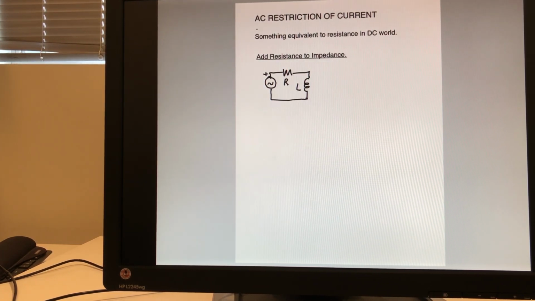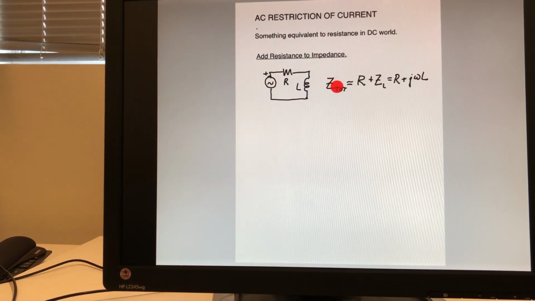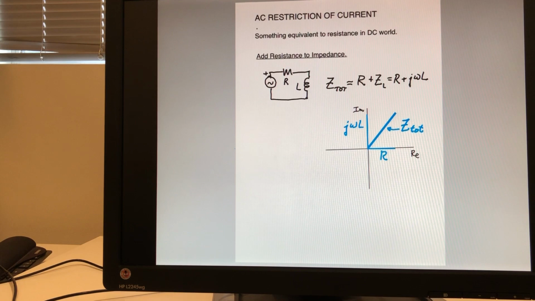Well, just like we add series resistances. We have a total impedance now, because of the inductor, that's R plus Z sub L. But Z sub L, as we remember, is j omega L, so this is a complex quantity, R plus j omega L. We can show how that plots in the complex plane.